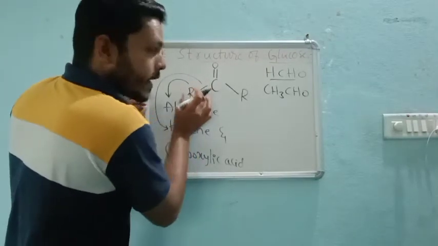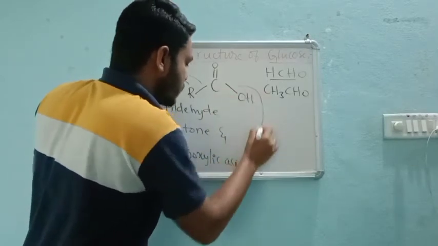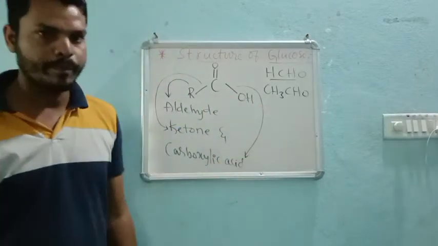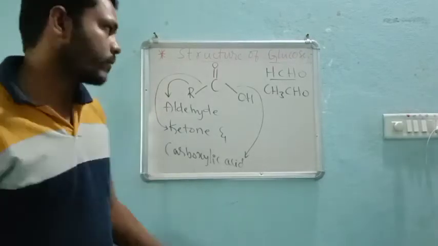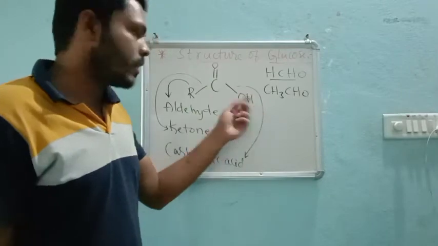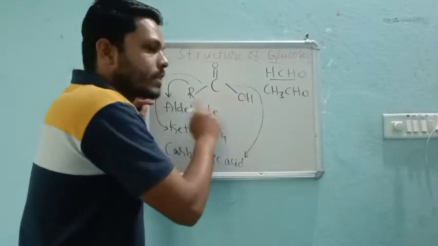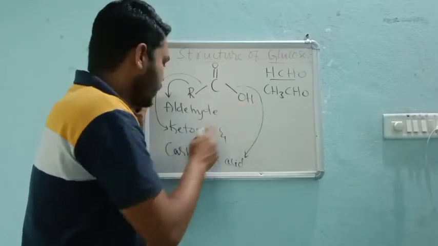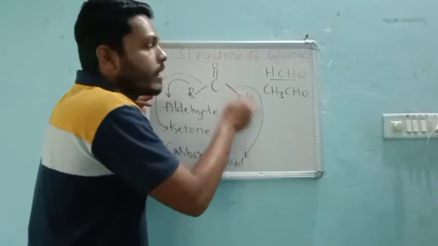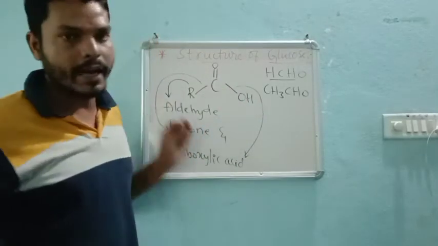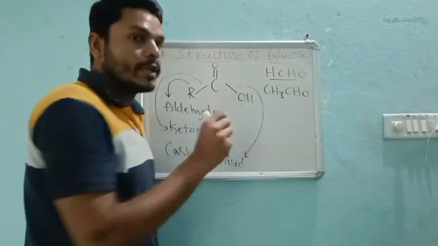This group is again common. If it has an OH group with this, then it is called a carboxylic acid, RCOOH, that's why we call them acids. If OH is on the right side, then carboxylic acid. If both sides have RR, then it is ketone. If both sides HH or RH, it is aldehyde.